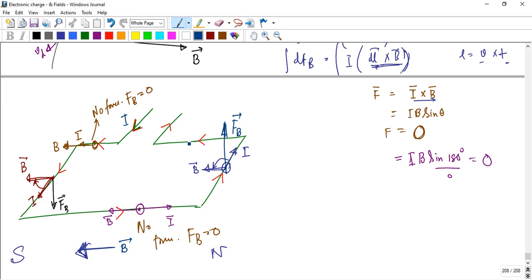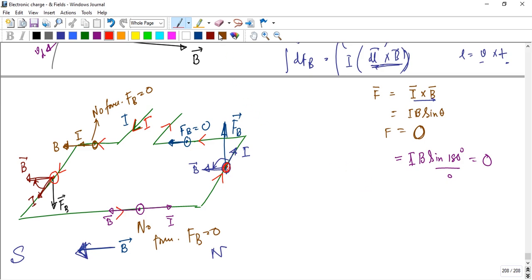Similarly at that point on the same line, the current is in that direction and the magnetic field is in the same direction, so the force is 0. That represents the current I. So here we get two forces, at that point and here. If there is a force, there is a rotation.